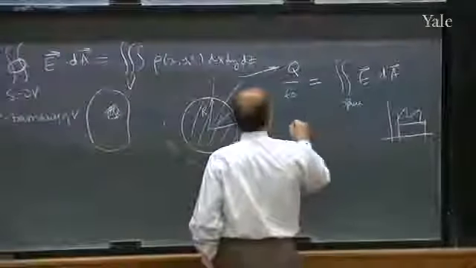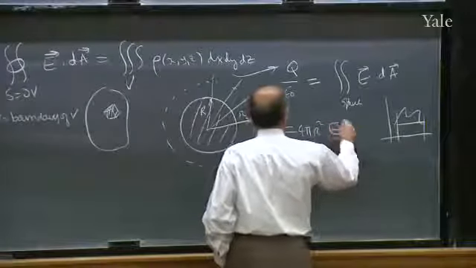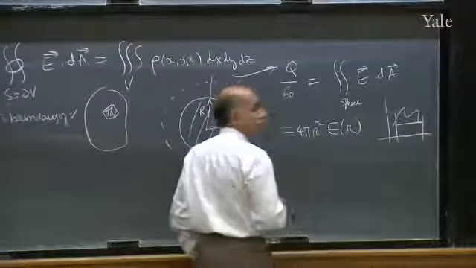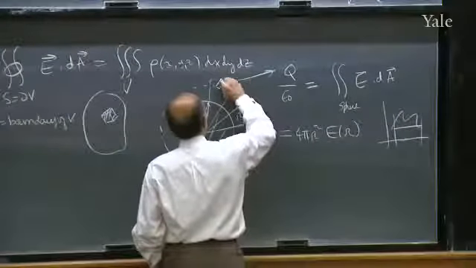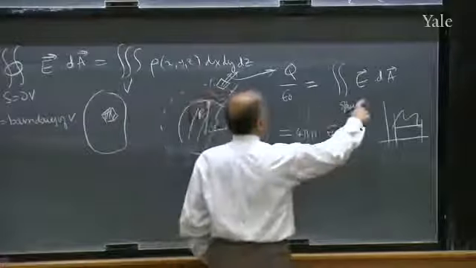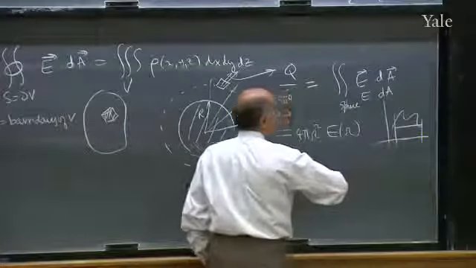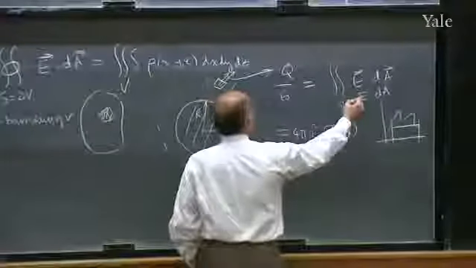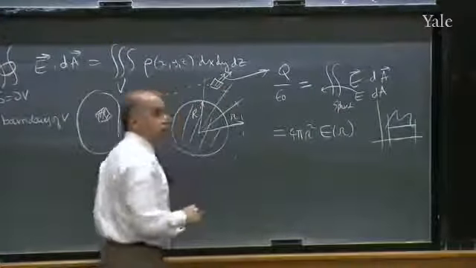Therefore, this whole integral is going to be 4 pi r squared times the electric field at that radius r, because the area vector and the electric field vector are both parallel. So in this dot product, forget the dot product, just E times dA. There's no cos theta, it's just 1. You can pull the E out of the integral because E is constant in magnitude on the sphere.